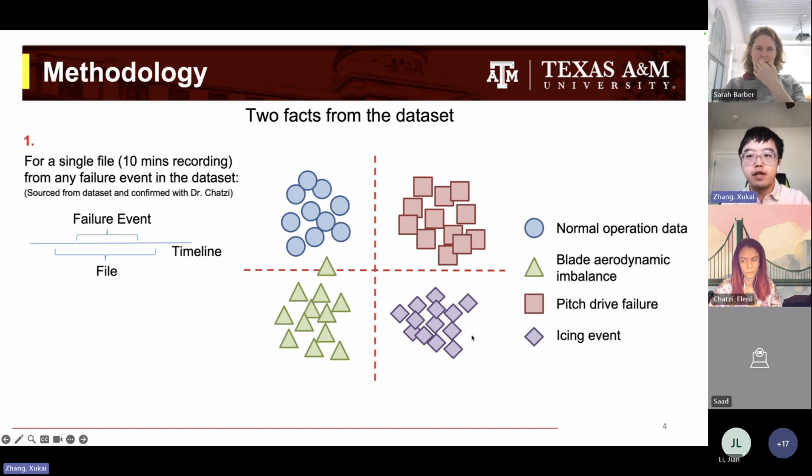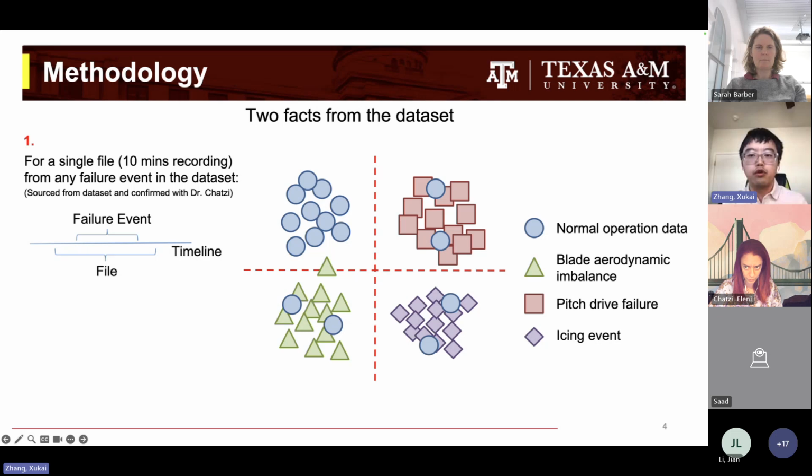However, 2 key facts in the dataset may affect classification. First, each data file contains a 10-minute recording of health monitoring data, including a short period before and after the failure event, as well as the failure event itself. As a result, normal operation data may also appear in a failure event record.